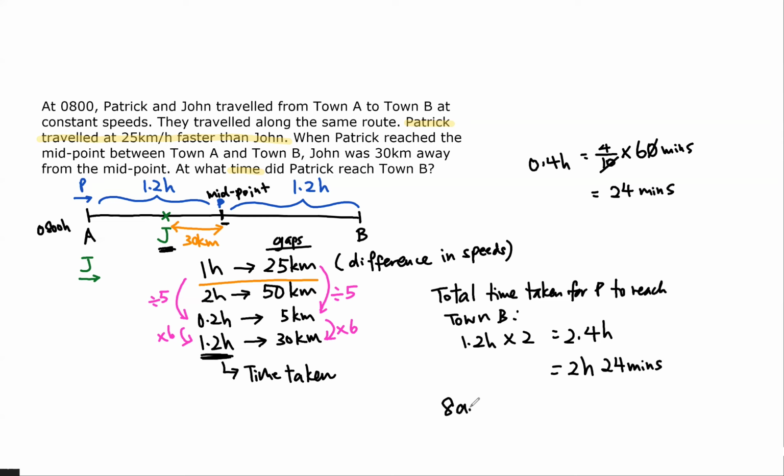So if we want to know what time that would be, from 8 a.m. if we add 2 hours and 24 minutes, you can also draw a timeline for this, you will get the answer 10:24 a.m. Depending on whether they want it in the 12-hour or 24-hour notation, they will usually mention. I'm just going to leave it like this.